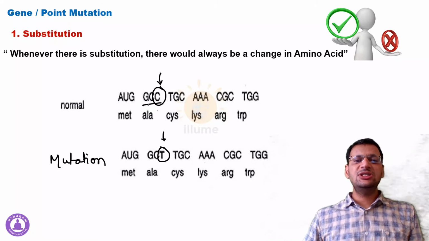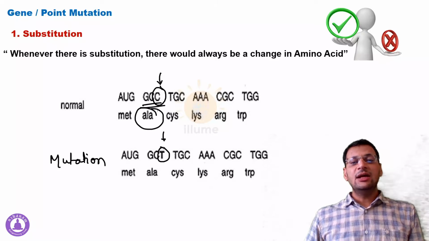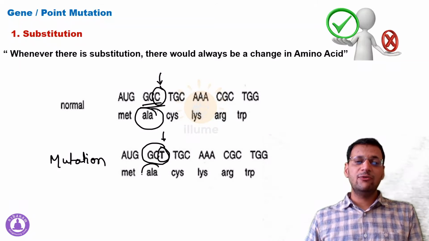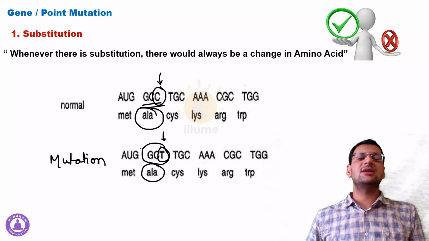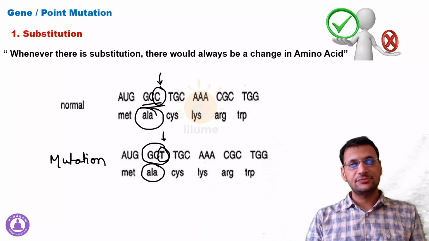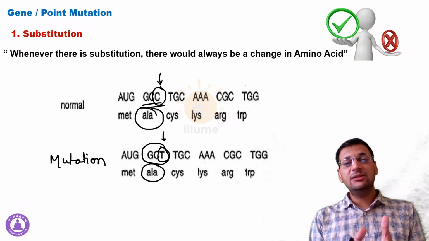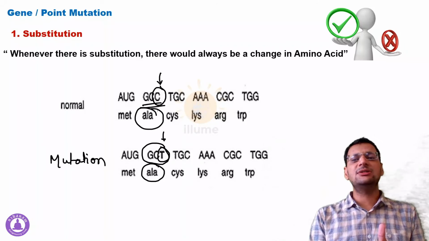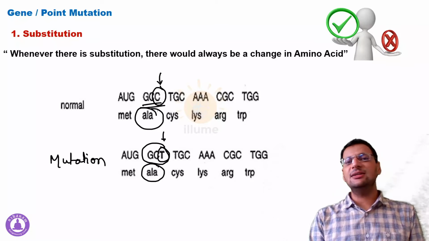Now this GCC was first coding for alanine, and this GCT, which is the mutant form, is also coding for alanine, because we all know that some amino acids are coded by multiple codons. So whenever there is a change in the codon, but that codon also is leading to the formation of that same amino acid, then there won't be any change in the amino acid in the polypeptide structure.